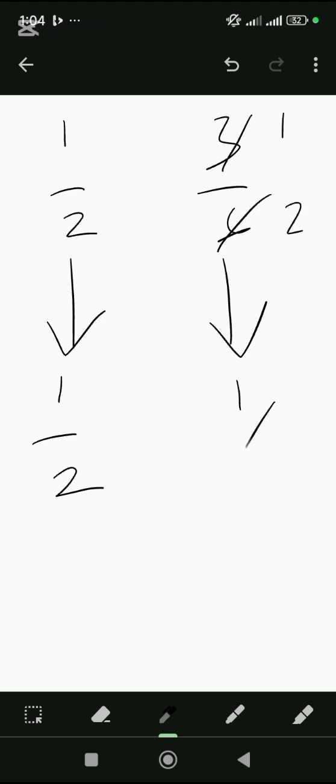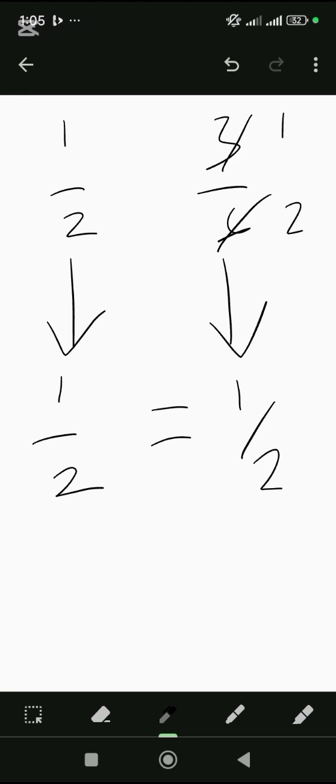And so that means we have 1/2. You can now see that these fractions are equal. And since they are equal, we call them equivalent fractions. Fractions that are equal as these are called equivalent fractions.